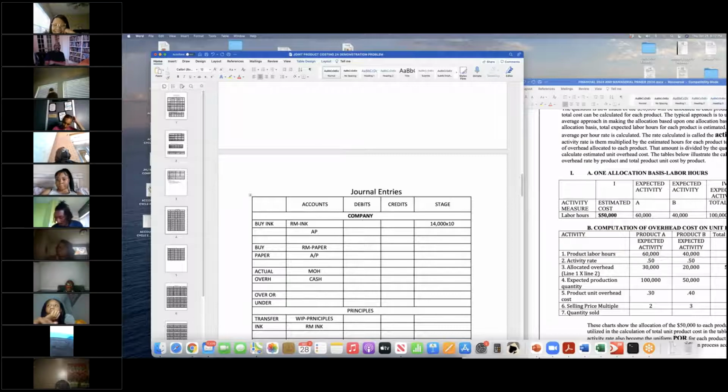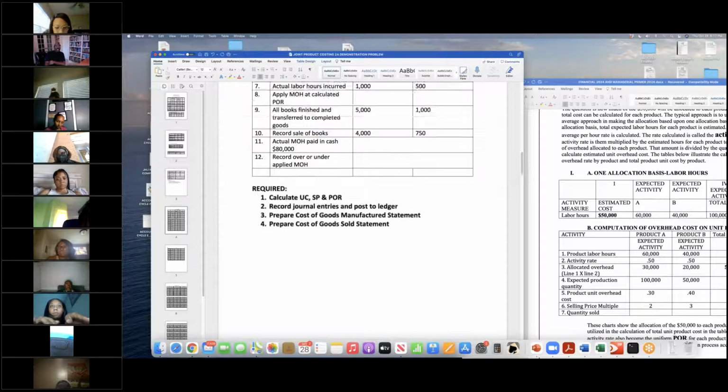So the raw materials ink is how much? What's 14 times 10? 140,000.